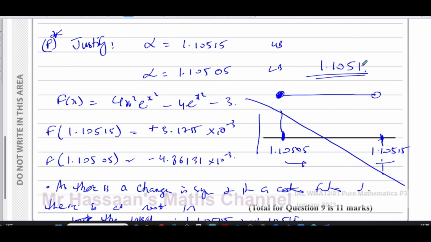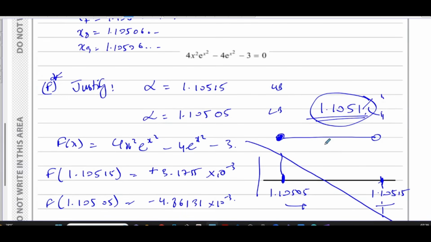So we take the upper and lower bound of this, we put the values of that inside the original function, what we're saying is a root for, and then we see that there's a change in sign. That proves that between these two values, the root must lie, and any number between this value and that value, when you round it to 4 decimal places, will give you this as your answer. That's how you can justify something is a root to a certain number of decimal places.